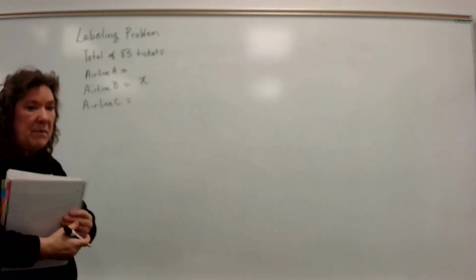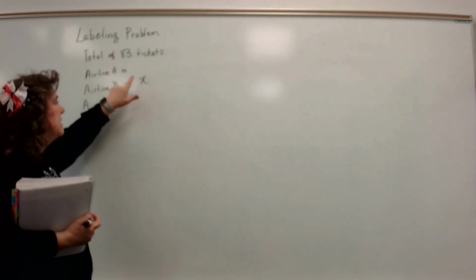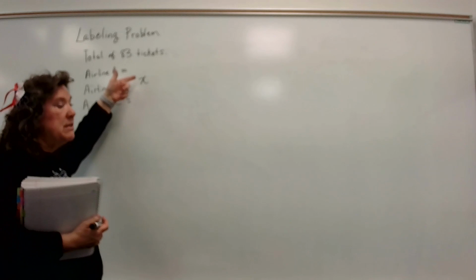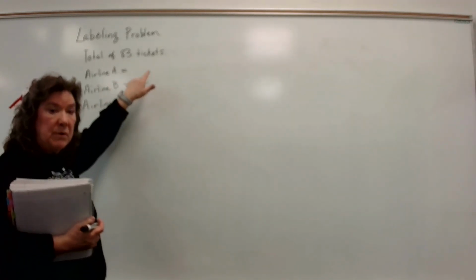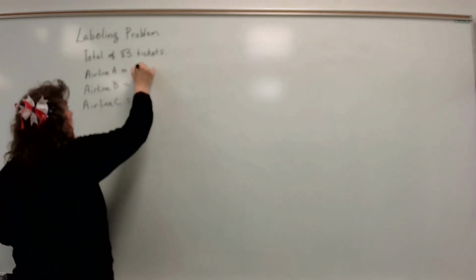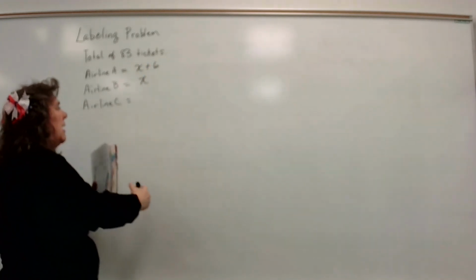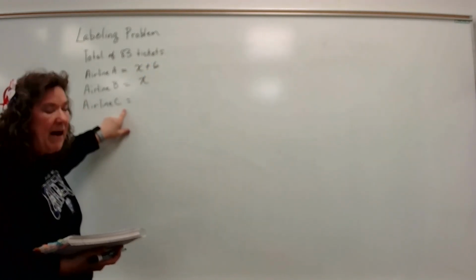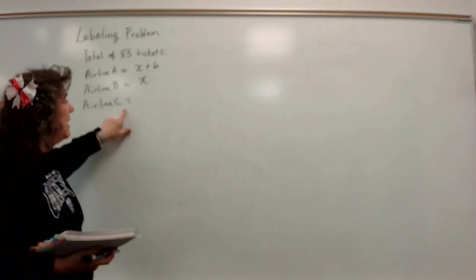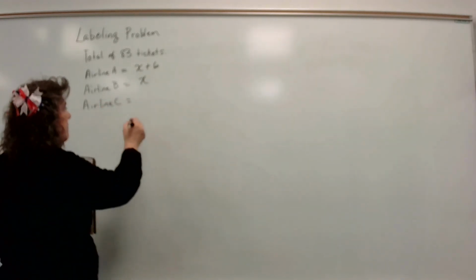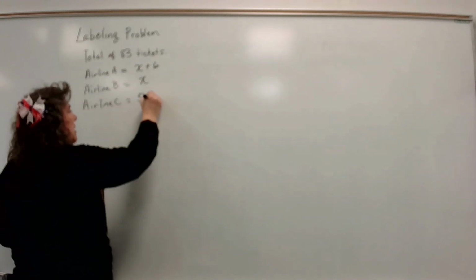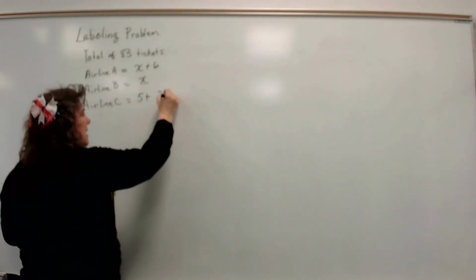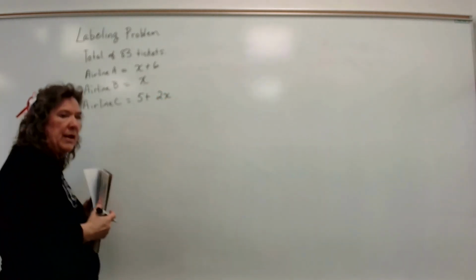And then it said, remember, airline A has 6 more than airline B. So it would be airline B plus 6 or X plus 6. And airline C says that that has 5 more than twice as many as airline B. So 5 more than, so that's 5 plus twice as many as airline B, which is 2 times X. Okay?